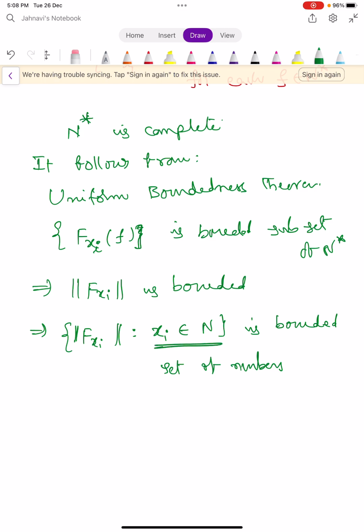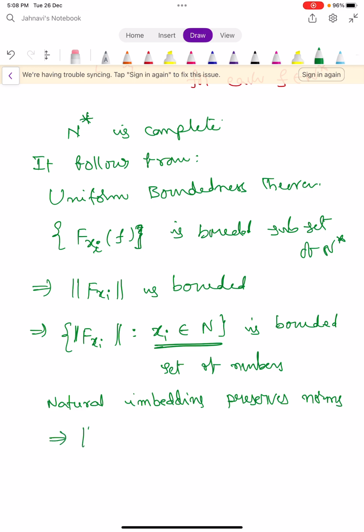By natural embedding, we know that the natural embedding preserves the norm properties.